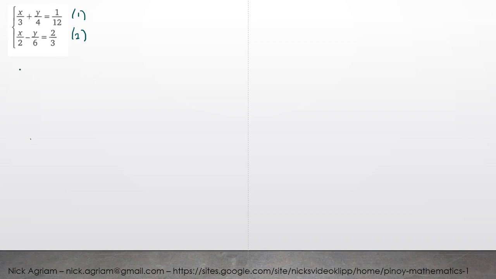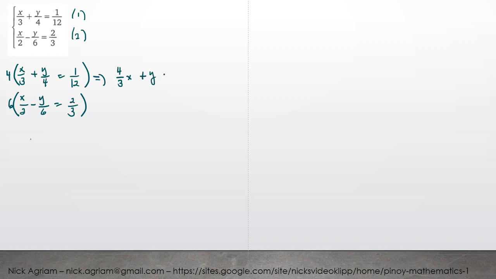Let's try. So we have x divided by 3 plus y divided by 4 is equal to 1/12. Then we have x divided by 2 minus y divided by 6 is equal to 2/3. So if I'm going to multiply my first equation by 4 and my second equation by 6, then this will become 4/3 x plus y is equal to 4/12.